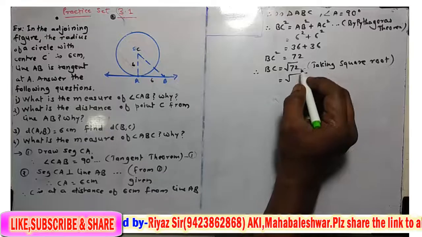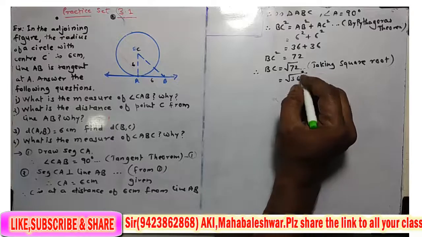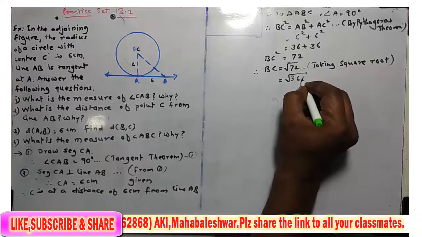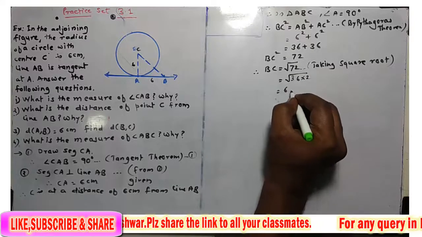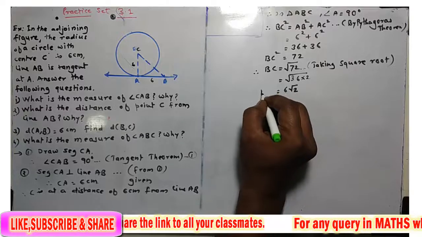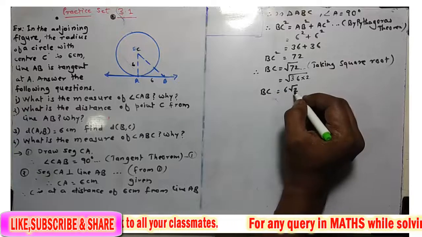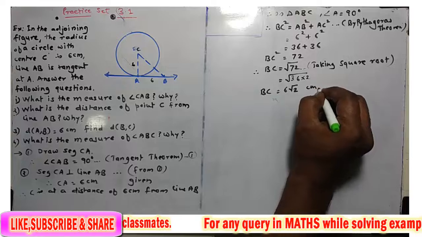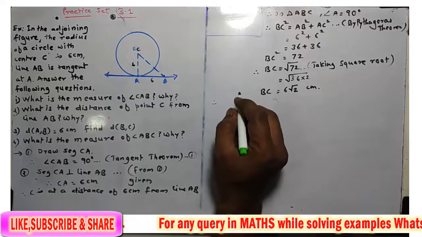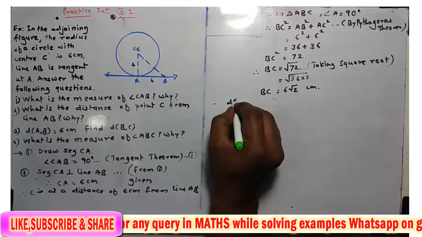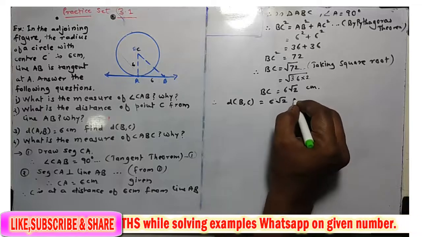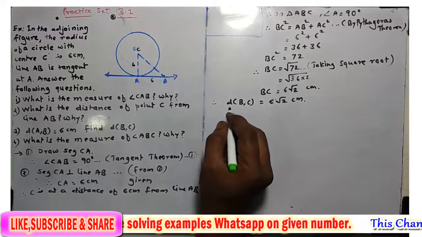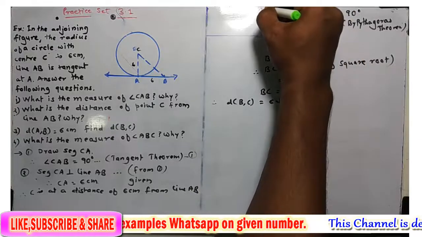So the factors for 72 will be 36 twos, and square root of 36 is 6, root 2, and therefore BC is equal to 6 root 2 centimeter, and therefore distance of BC is equal to 6 root 2 centimeter. Okay, now this is the answer for third one.